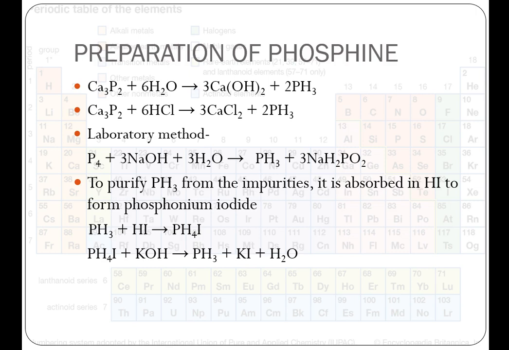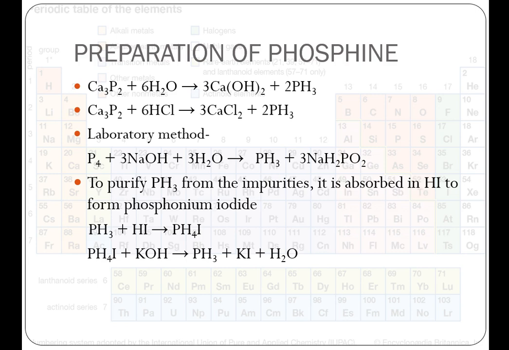Next is phosphine. It is prepared by the action of calcium phosphide with water or dilute HCl. In laboratory, it is prepared by heating white phosphorus with concentrated NaOH solution.